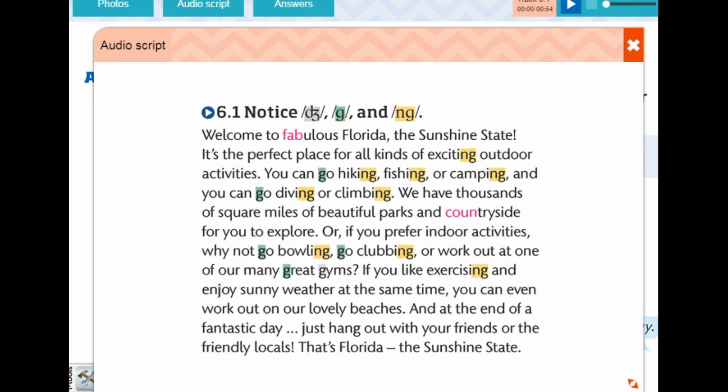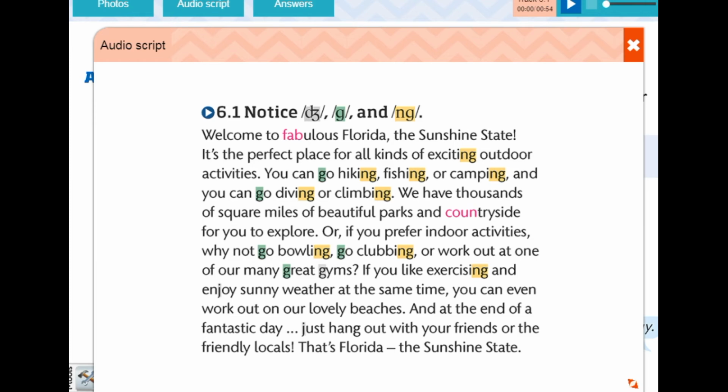And if you visit Florida, you can say all the activities that you could recognize in this audio. The first one, go hiking, go fishing, go camping, go diving, go climbing, and lots of other activities that you can explore. The beautiful parks, thousands of square miles of countryside, right?